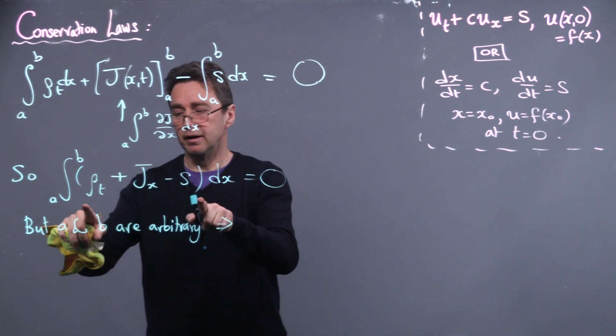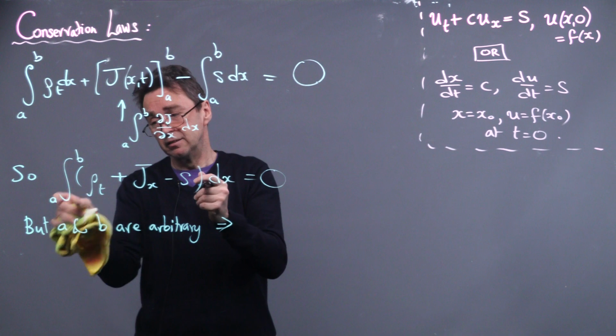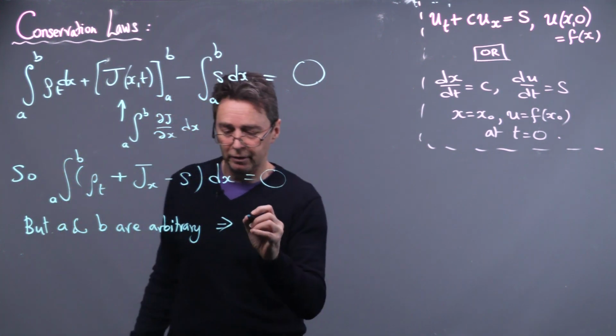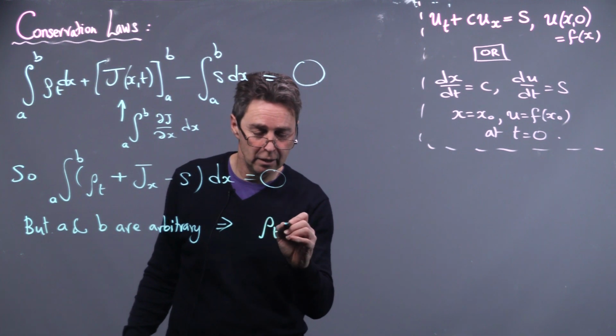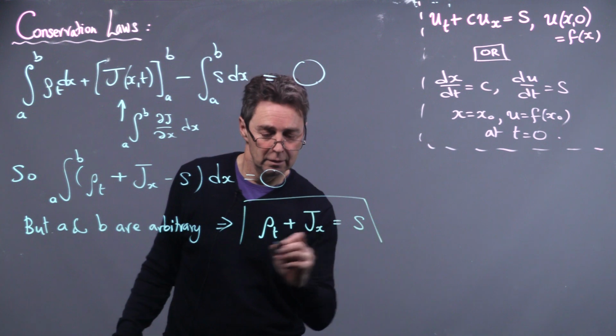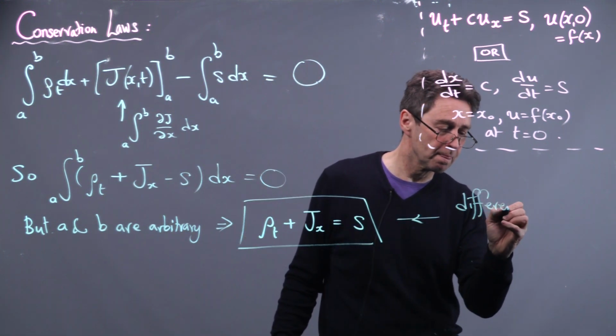That means that I evaluate the integrand at the point times the distance between a and b. It's got to be 0. The integrand is 0 again. So rho t plus jx is equal to s. That's the differential form of the conservation law.